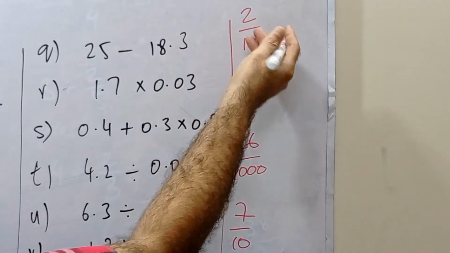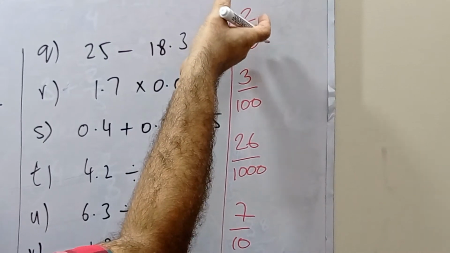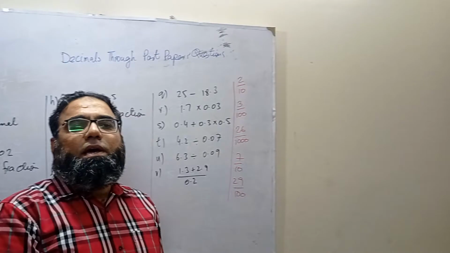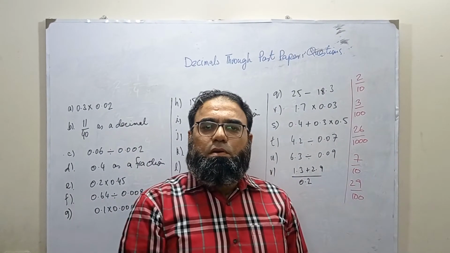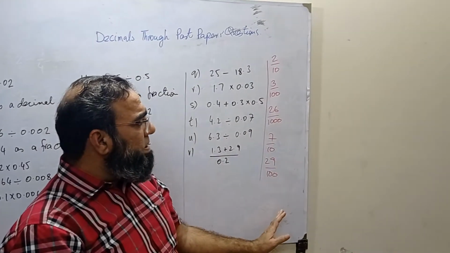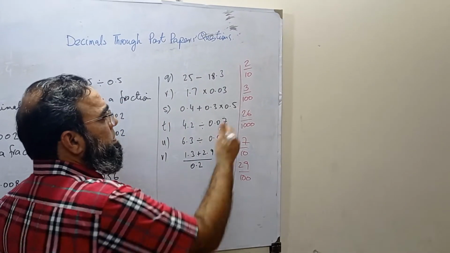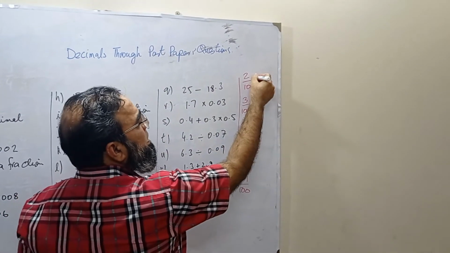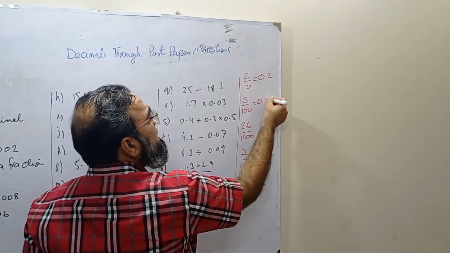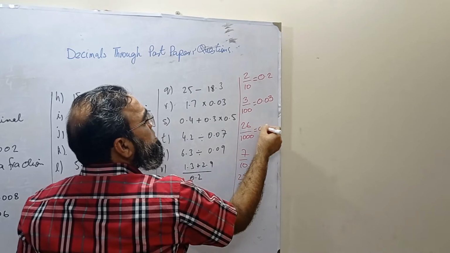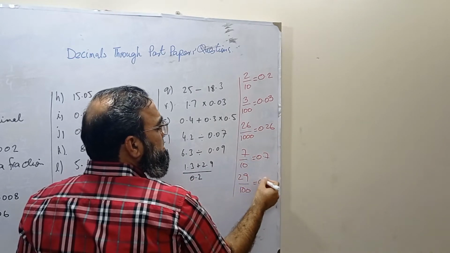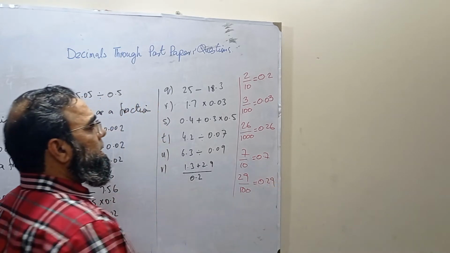So you see that all these denominators are in tens, okay? 10 tens are 100 and 100 tens are 1000. These are all decimal fractions. And based on the number of zeros, you can write this as 0.2, this is 0.03, this is 0.26, this is 0.7, and this is 0.29, okay?